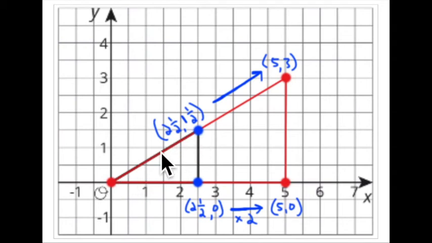So this length here is the same as this length here, so the total length is 2 times. So it takes you out to the coordinates 5, 3. So the red triangle has each length 2 times the length of the smaller triangle. So a scale factor of 2 and a center of dilation of 0, 0.